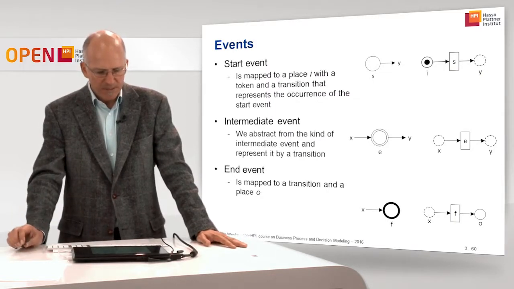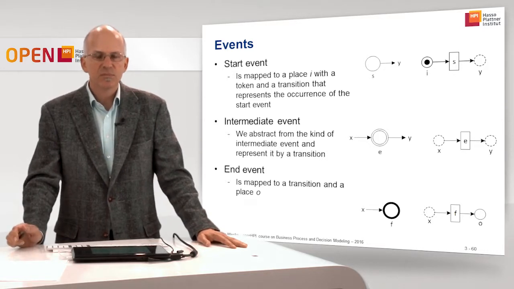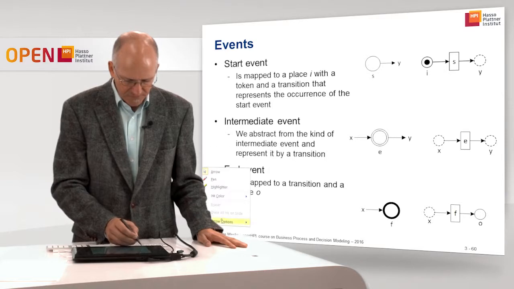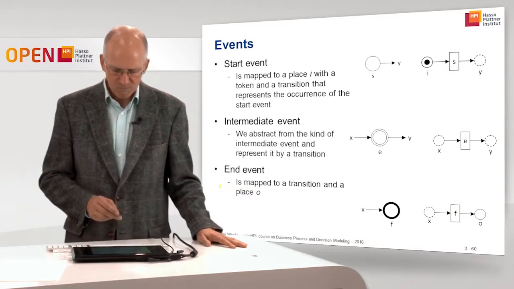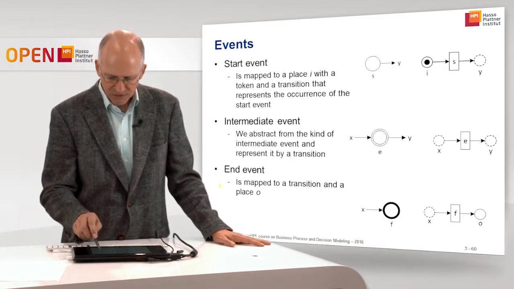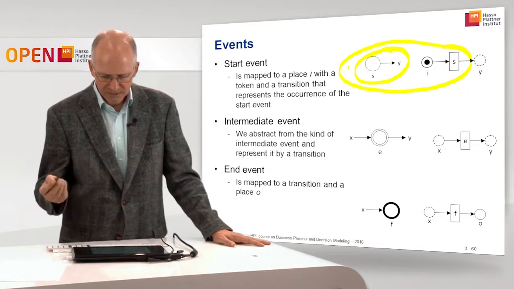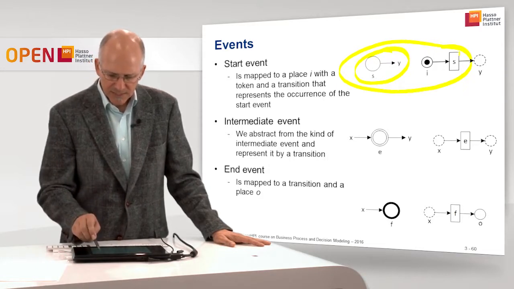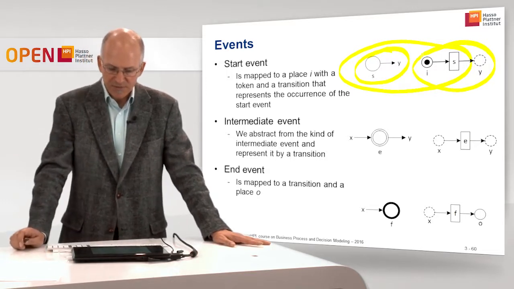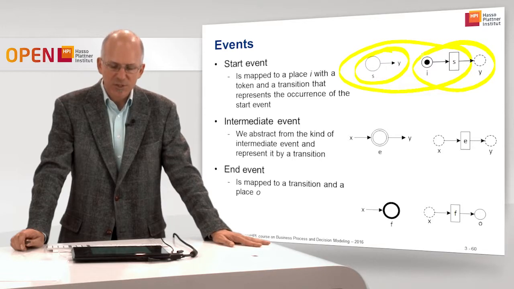We also need to map events, and this slide shows how to map events from BPMN to Petri nets. First of all, start events are represented by a Petri net fragment. On the left-hand side, you have the BPMN, just a start event S with continuation to Y. On the right-hand side, we have a place I, and that is the important place, the initial place.